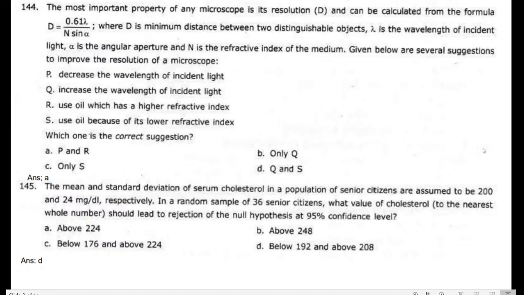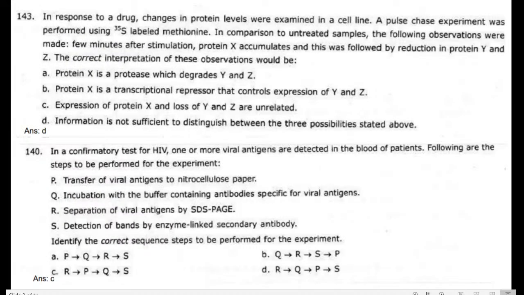Okay, the next part of the question is very interesting and the easiest question. In response to a drug, changes in protein level were examined in a cell line.